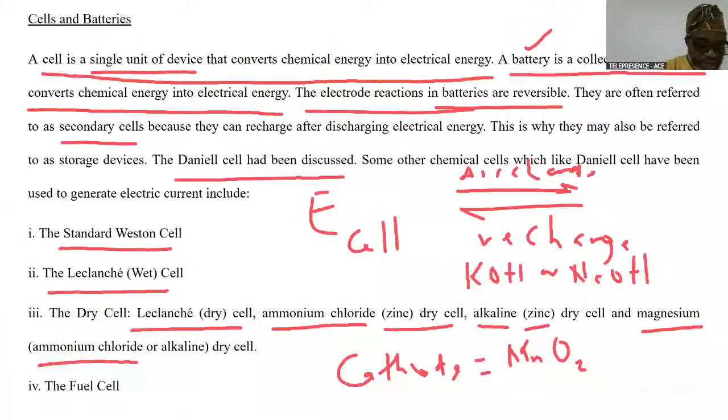I've said that the pot and the negative electrode are placed in a jar containing a solution of ammonium chloride. So the components of the wet Leclanché cell are the same as those of the dry cell. I've told you that the electrolyte in the wet cell is a solution, while for the dry cell the electrolyte is ammonium chloride gel.